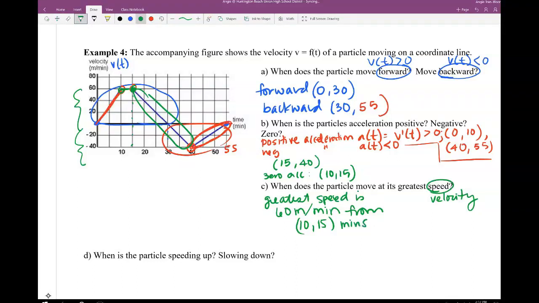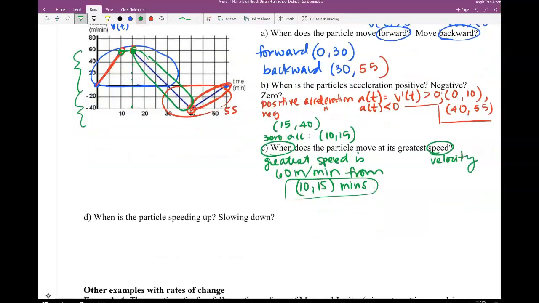So when means I'm really looking for time, okay? When does a particle move at its greatest speed? The greatest speed is 60 meters per minute from 10 to 15 minutes. When is the particle speeding up and when is it slowing down? Okay, so let's talk about speeding up and slowing down. We have not mentioned this.